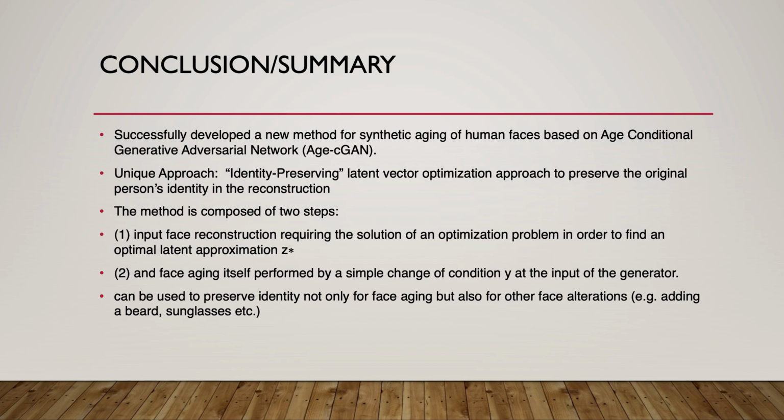Face aging itself was performed by a single change of the conditions Y at the input of the generator. We talked about the conditions earlier, which are the age categories. This can be used to preserve identity not only for face aging but also for other face alterations. For instance, even if the person adds a beard or sunglasses, we can still easily identify them.